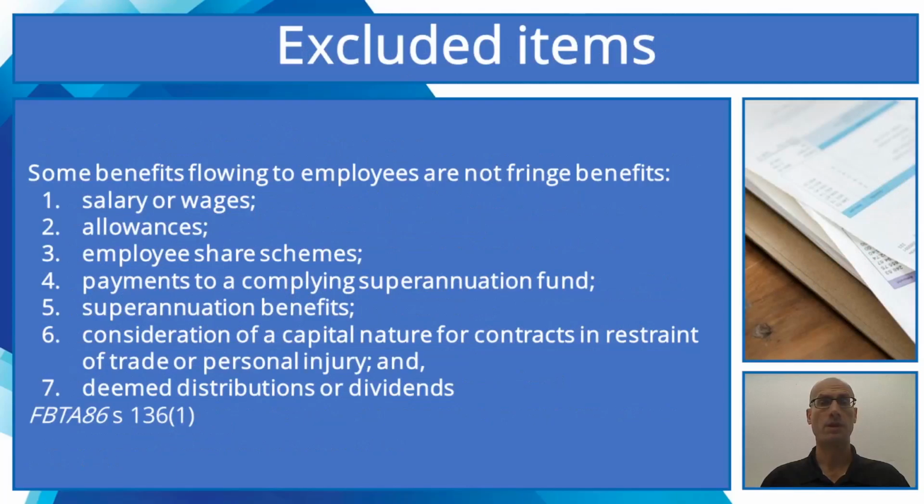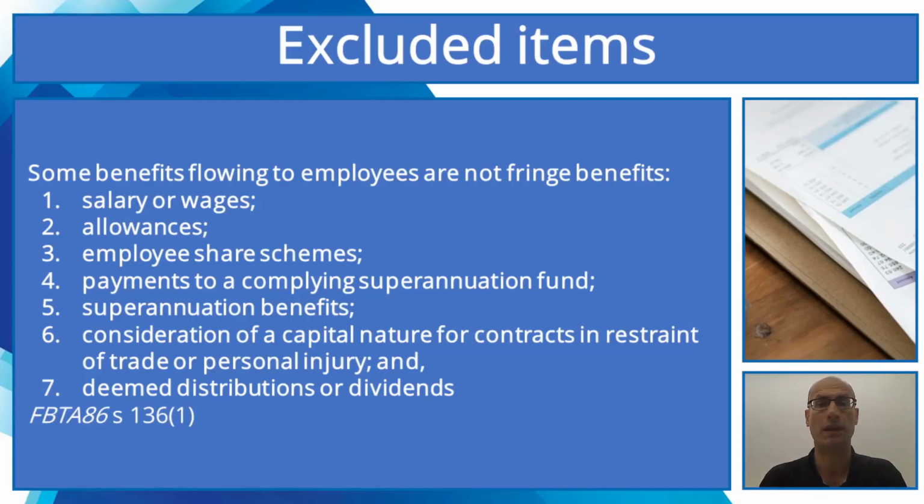It's also important to note that there are certain types of things that ordinarily would be a benefit to an employee that does flow from the employer that are simply excluded from the FBT regime. And the most obvious of that being salary and wages. Clearly, paying money in the form of salary or wages and cash is not going to be a fringe benefit.